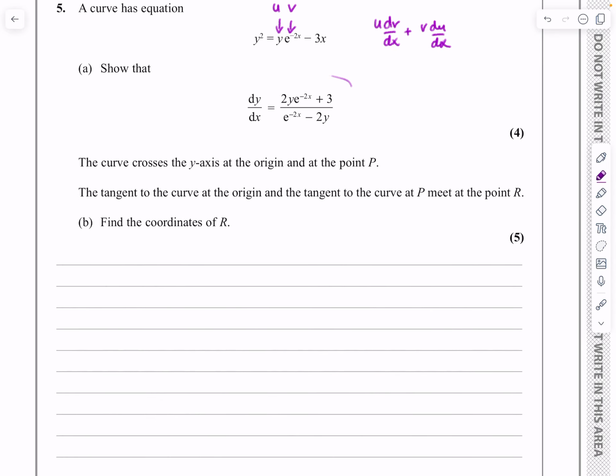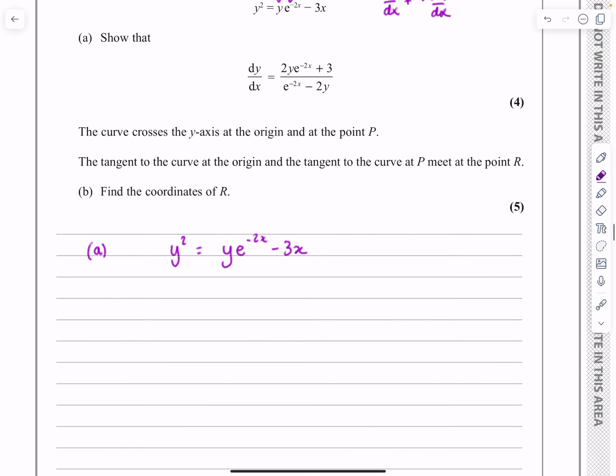The question is to find dy by dx equals. So what I'm going to do is look at the original function, y squared equals y e to the minus 2x minus 3x. Okay, so differentiating y squared, that's no problem. Multiply by the power, take one off the power, and then because it's a y function, have dy by dx is equal to, so this bit here, I don't necessarily write this in, this is just explaining it to you guys.